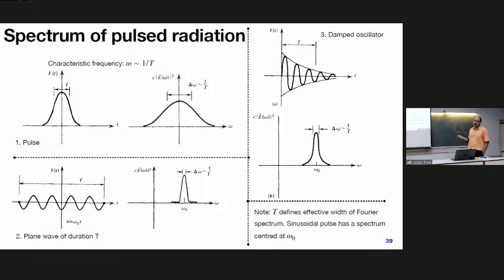For example, if you take a Gaussian in real space and go to Fourier transform space, it will also be a Gaussian, with the width being the inverse of the width in real space. So in this case, if my pulses are very narrow, you can understand there will be a wide distribution in frequency space. So the emission that I will get from these electrons moving around the magnetic field will be distributed over a wide range of frequencies.